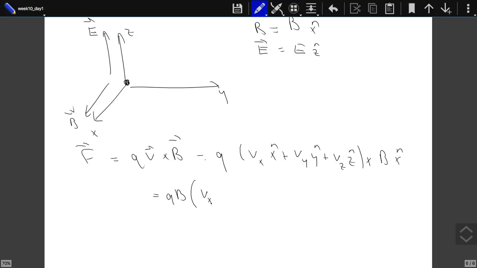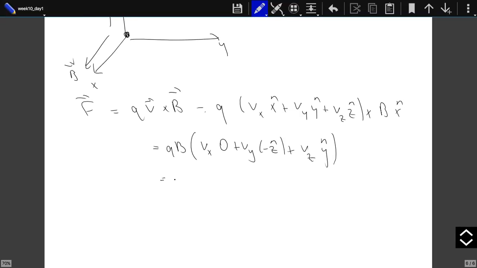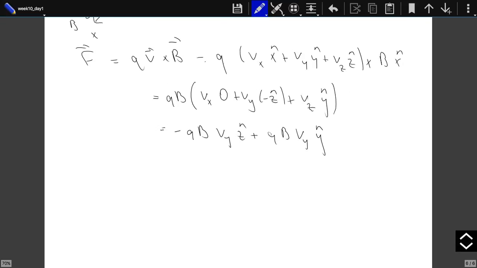It's Q times B times Vx, x hat cross x hat is 0, plus Vy, y hat cross x hat, minus z hat, plus Vz, z hat cross x hat, y hat. This is minus QB Vy in the z direction plus QB Vz in the y direction. Sorry, this is Vz.